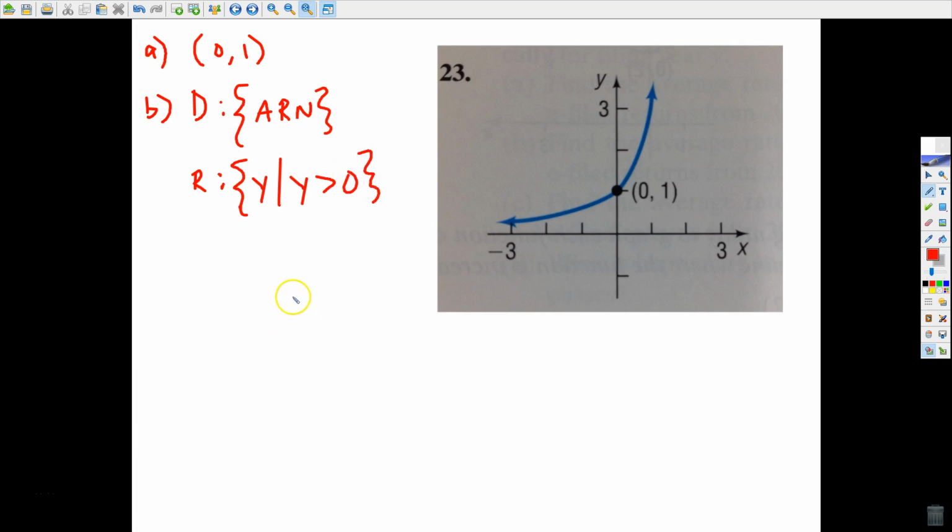Okay, so that takes care of the domain and range, and now let's look at part C, the intervals on which the function is increasing, decreasing, or constant. Well, let's see, it's increasing. As the function gets larger values for x, it's always going to be increasing.